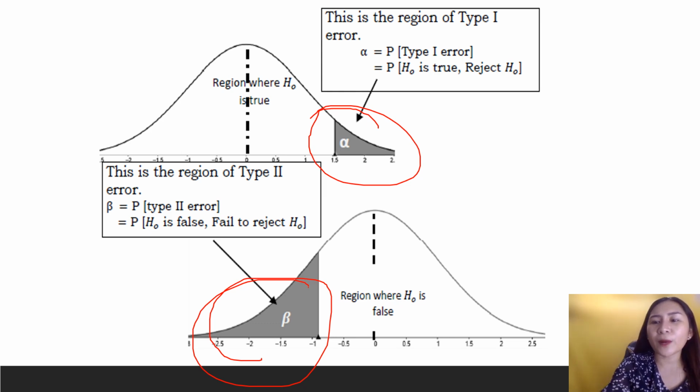Now, increasing the power of a test decreases a type 2 error risk, but increases a type 1 error risk. So, if we increase the type 1 error risk, it will decrease the type 2 error. And if you also increase the type 2 error, then that will decrease the type 1 error. Okay?